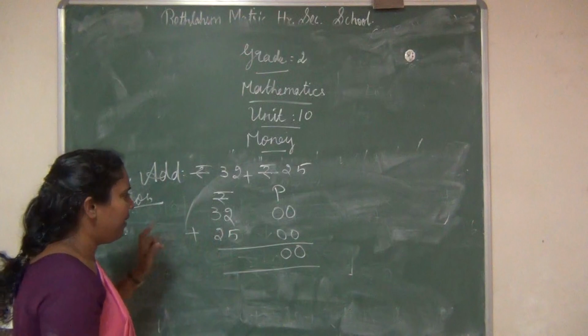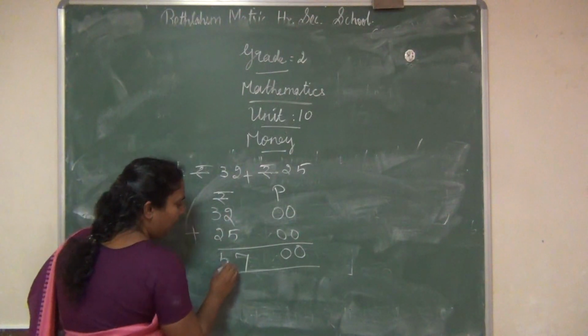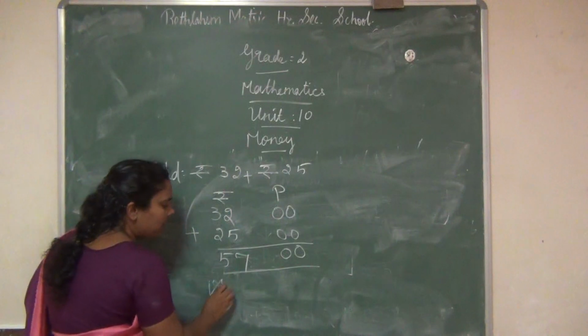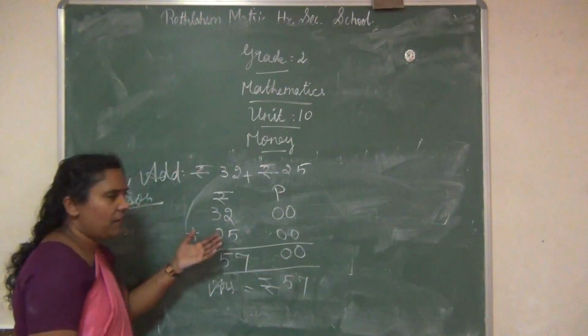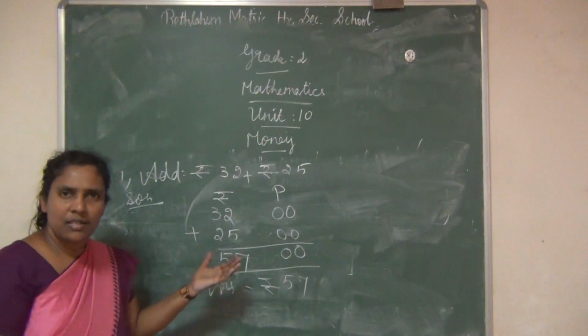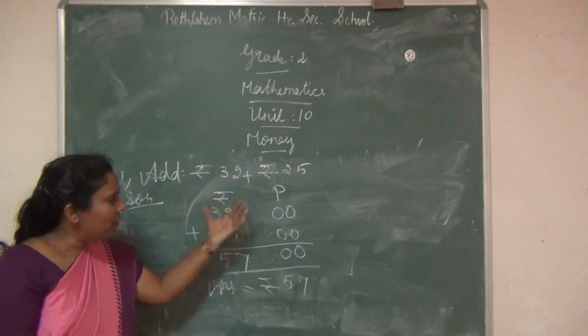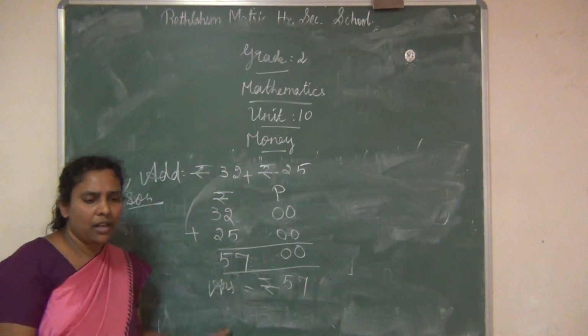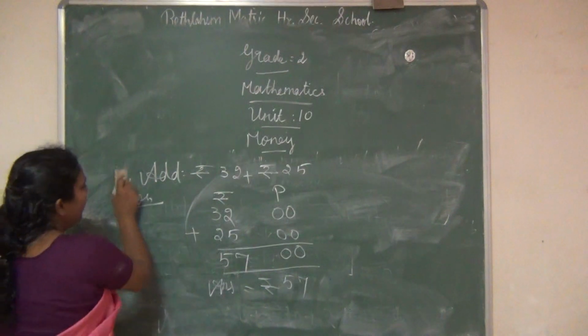Similarly, 2 plus 5 is 7 and 3 plus 2 is 5. Okay. So how do you write the answer? Answer is rupees 57. Do you understand this? Is it easy addition? Already we studied. Is it as addition? So same pattern only. Here also you want to follow. Okay. Listen to the next one.